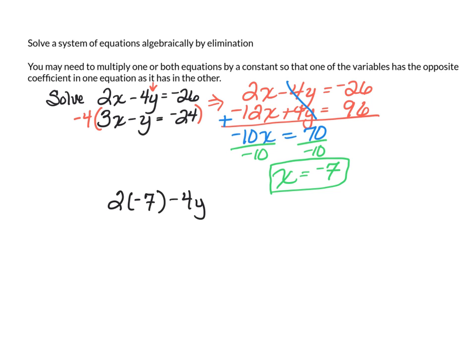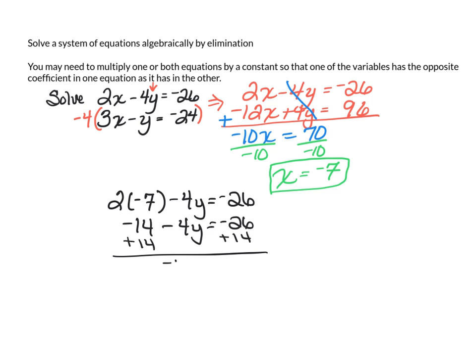So 2 times negative 7 is negative 14, minus 4y equals negative 26. I add 14 to both sides and get negative 4y equals negative 12. Divide both sides by negative 4, and I find that y is equal to 3.